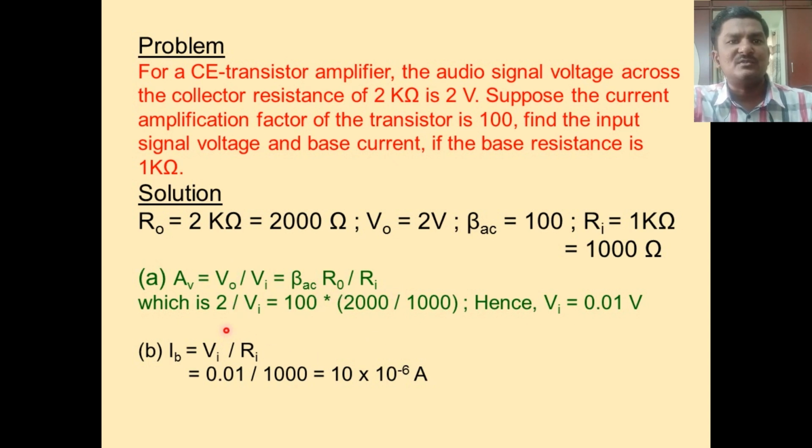Vi equal to 2 by 200, so 0.01 volt. Base current equal to input voltage by input resistance according to Ohm's law, Vi by Ri. So 0.01 volt by 1000. So this is 10 into 10 power minus 6 ampere, 10 microampere.